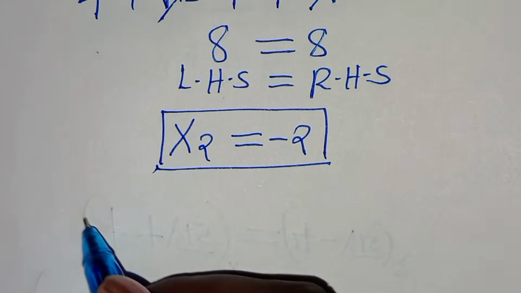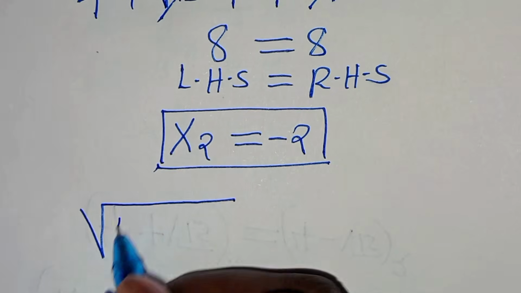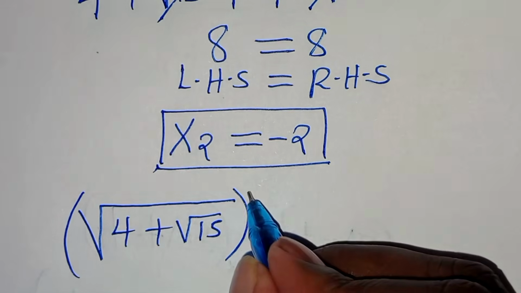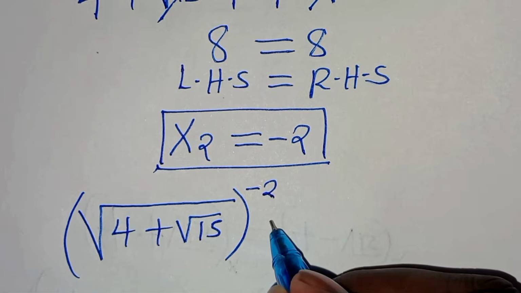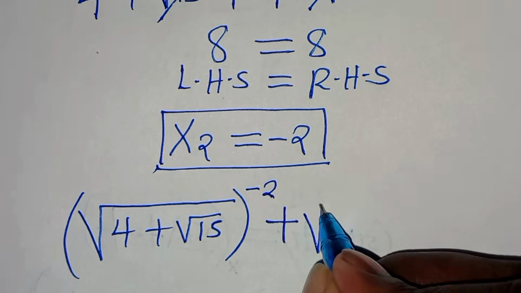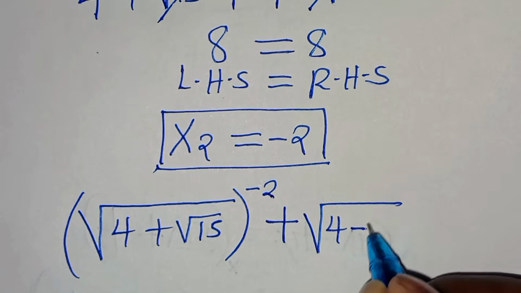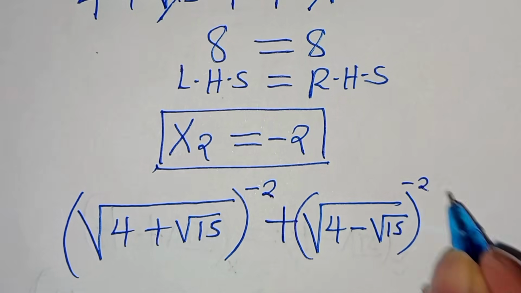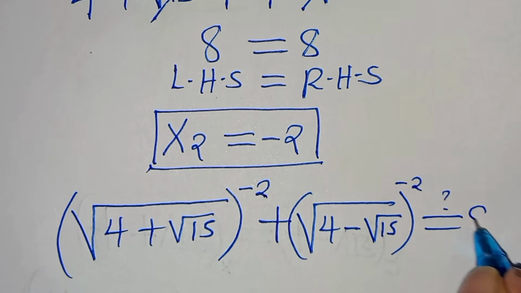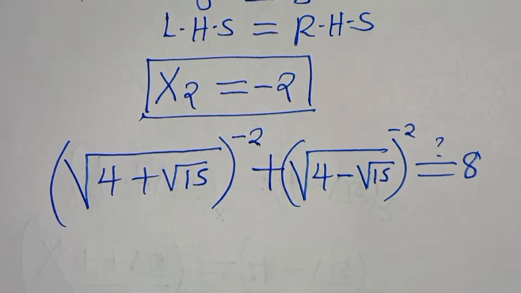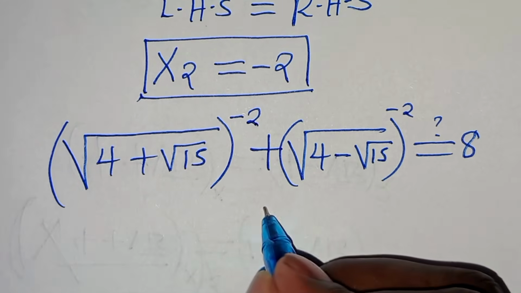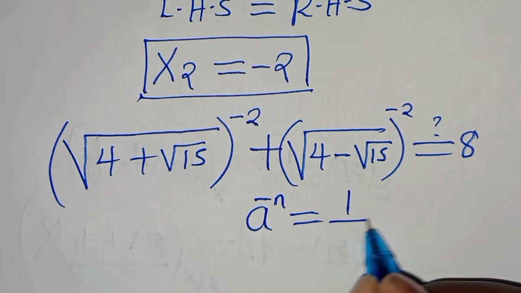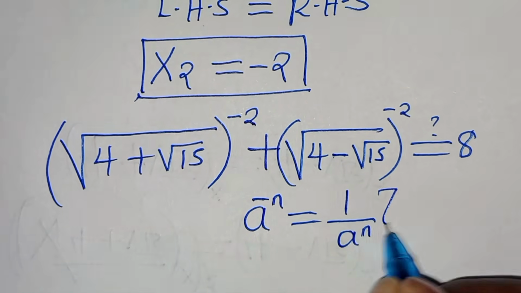So we have the square root of 4 plus square root of 15 raised to the power of negative 2, then plus the square root of 4 subtract square root of 15 raised to the power of minus 2. This should give us a value of 8. Now, we have that a to the power of minus n is the same thing as 1 over a to the power of n.